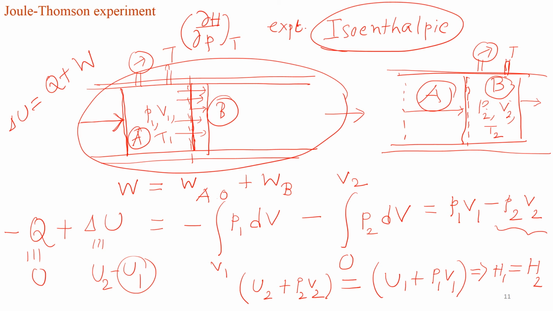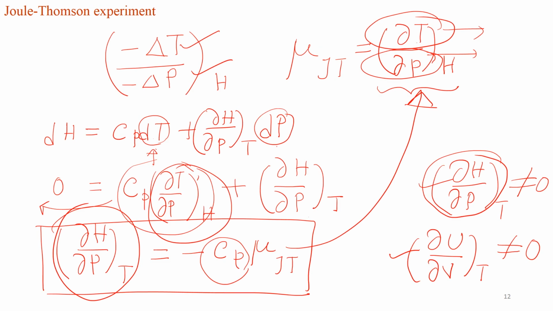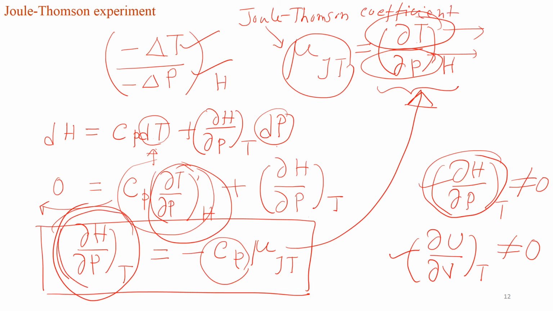And then we discussed how movement of the piston from one side moves the piston on the other side, and then how the associated drop in temperature and pressure can be measured to define a quantity which we called the Joule-Thomson coefficient. And then if one measures the Joule-Thomson coefficient experimentally, which Joule and Thomson did in their experiment, then one can also measure del H del P at constant T, which is small for real gases.